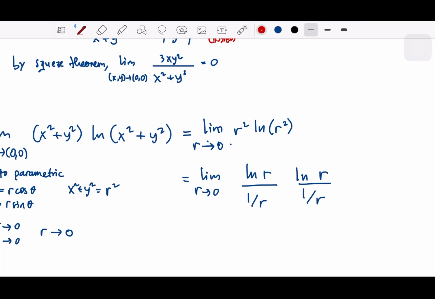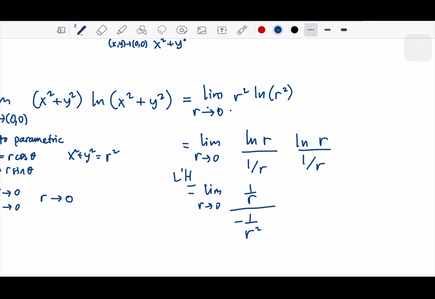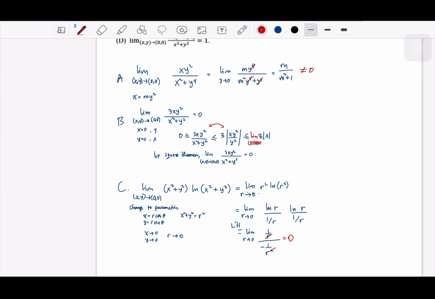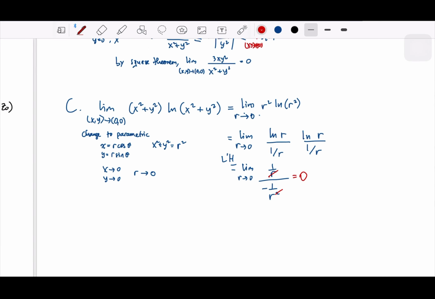So we can conclude with L'Hopital's rule, because it's infinity over infinity, so we can take L'Hopital's rule, this will be 1 over r, this will be minus 1 over r squared. We can cancel this and we have 0. Okay, so it's 0. So C is 0. It's true. Okay, now a last part.